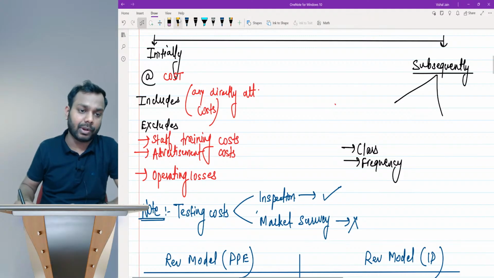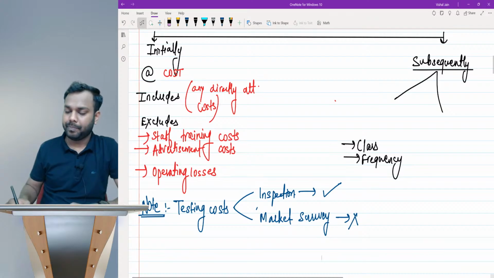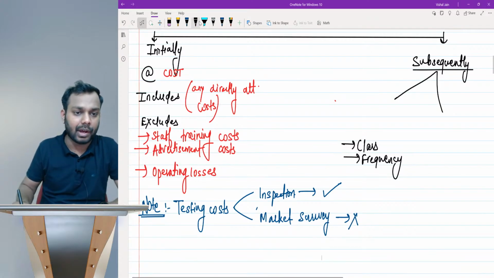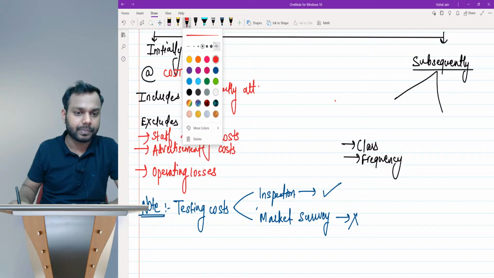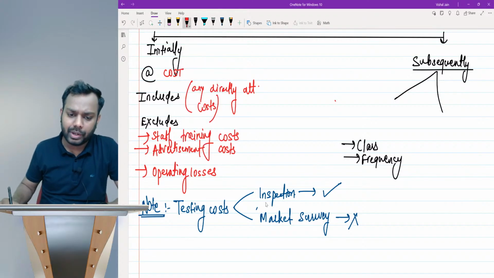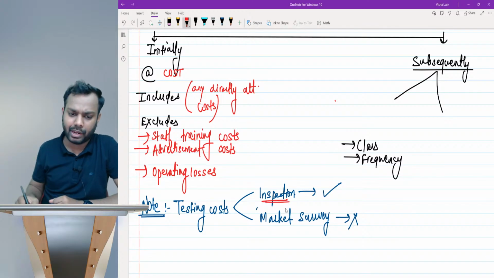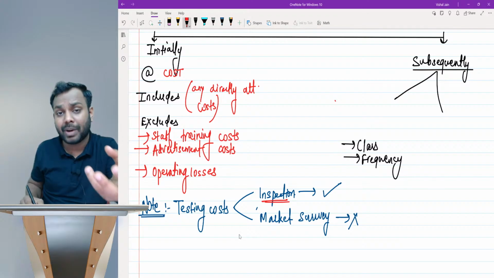Now, one more thing in this one, the amendment part. Let me take it with a red pen. When you incur costs on inspection or testing costs, you might produce something.